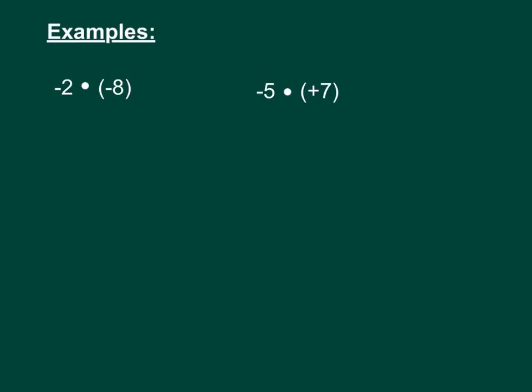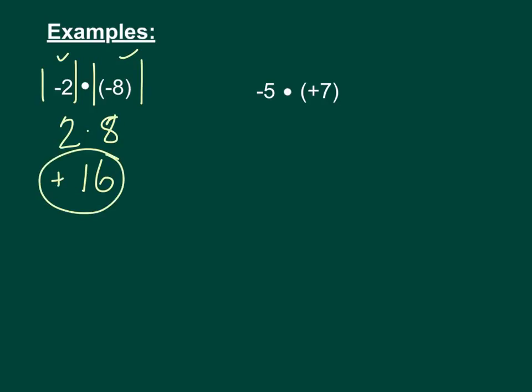Let's look at some examples. I've got negative 2, and that's multiplied by negative 8. I find the absolute values. That would give me 2 times 8, which of course is 16. I've got 1, 2 negatives, so that's an even number, so my answer is positive 16.